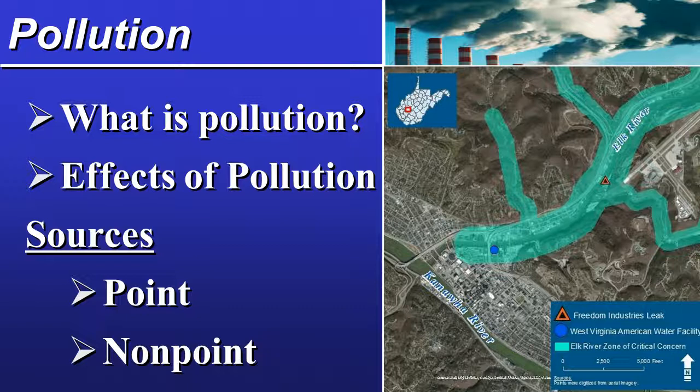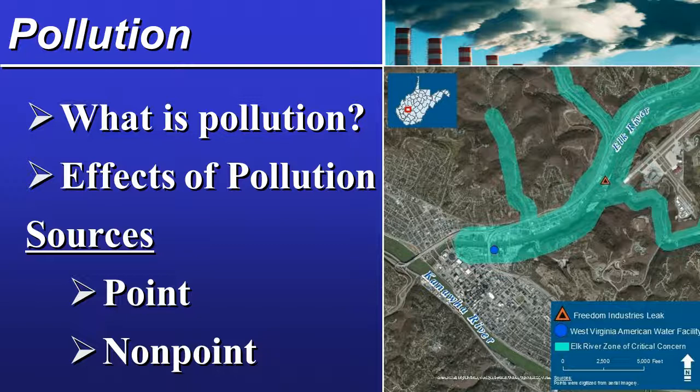The chemical spill occurred on January 9th, 2014, when a chemical known as crude 4-methylcyclohexane methanol, or MCHM, was released from this facility in West Virginia into the Elk River.